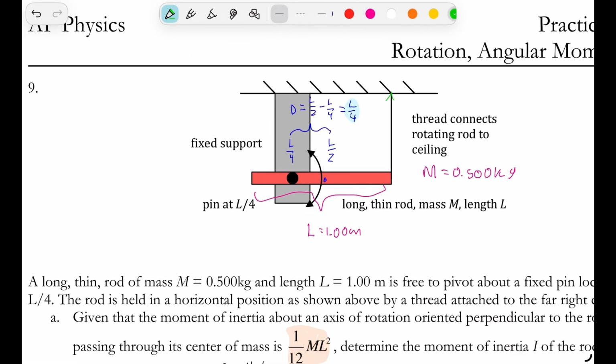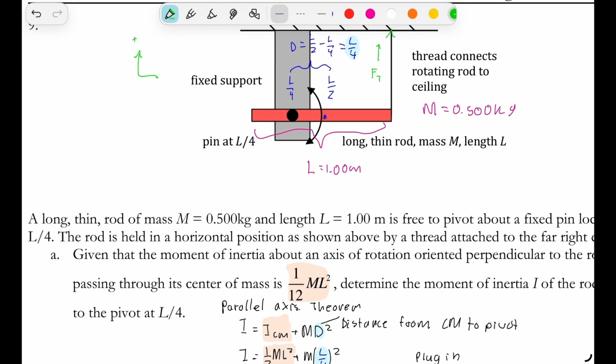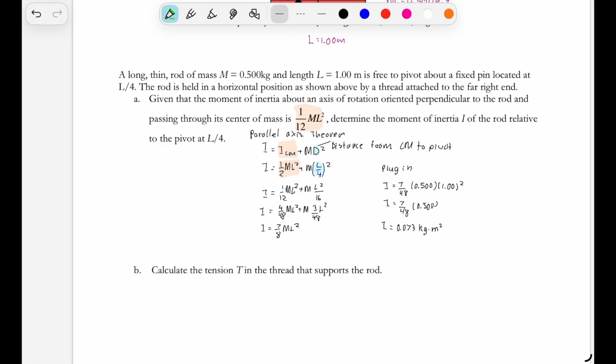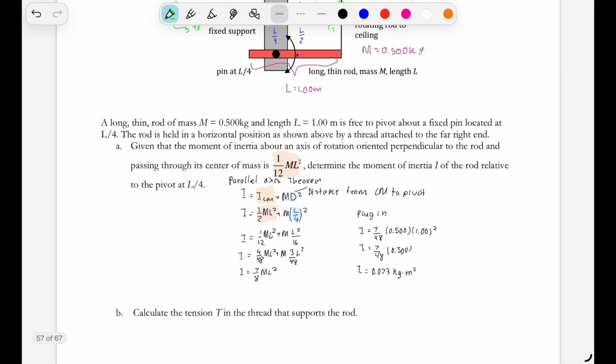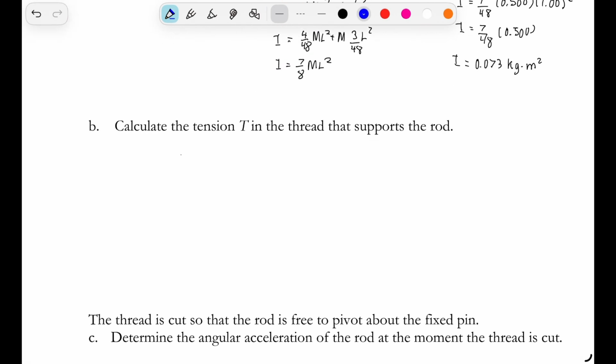Calculate the tension in the thread that supports the rod. So our tension is going to be this one. Tension is going to be acting up. So let's see, you have positive y and positive x. Now we have to find the torque from the tension. This is going to be a fixed support.